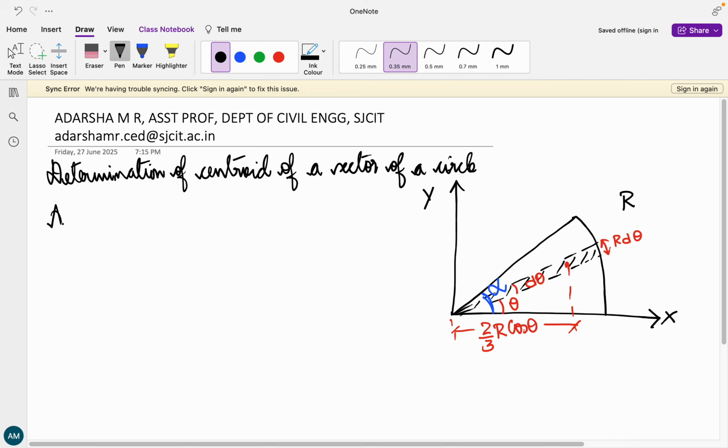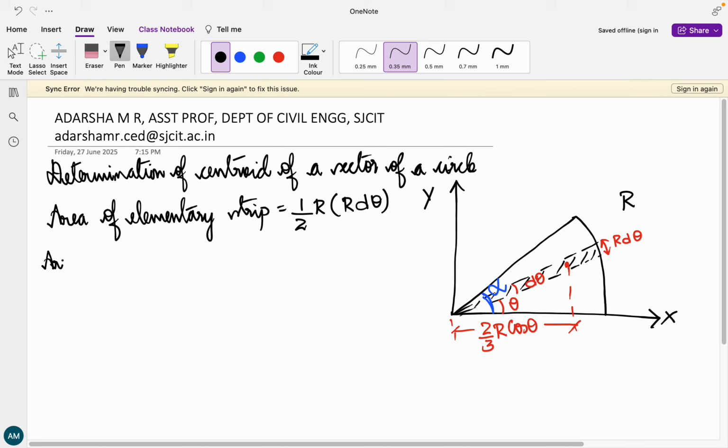So first let us write what is the area of the elementary strip. As we have considered it as a triangle previously, we are going to do the same now. So it is half into base r, height r d theta. This is the area of the elementary strip, and then the projected distance onto your x-axis is 2 by 3 r cos theta. Now let us find the area of the sector, or area of your total figure.